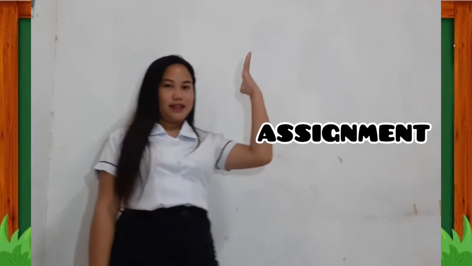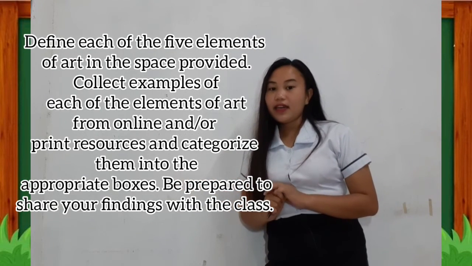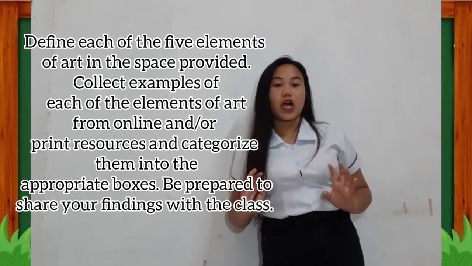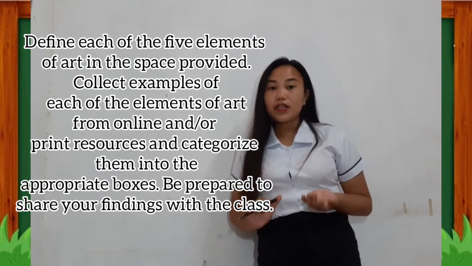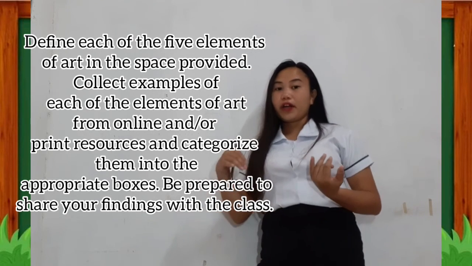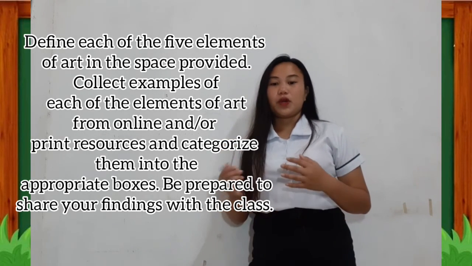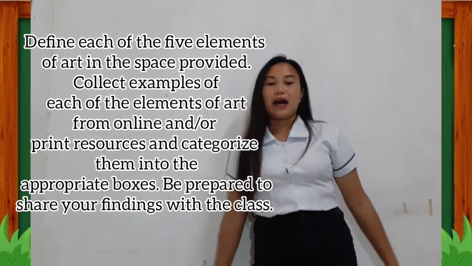So now class, we don't have enough time for more activity and more discussion. Let's have an assignment. In your assignment, define the elements of art in the space provided. Collect examples of each element of art from online or print resources and categorize them into the appropriate boxes.